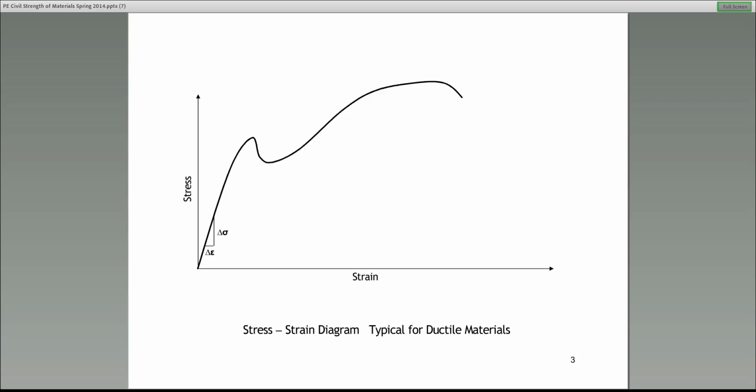What I need you to understand is the shape of the stress-strain curve here. This is for a typical ductile material, and there are certain points along this curve that are important, and for the test you need to know the definitions of those points.